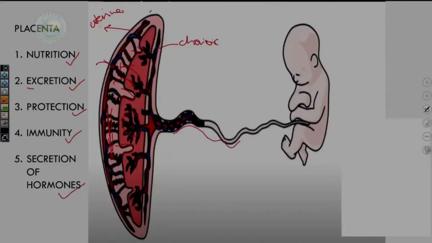Once the placenta is fully established, this placenta secretes progesterone as well. So the progesterone is going to help maintain the lining of the uterus and prevent premature abortion or early birth. Okay?